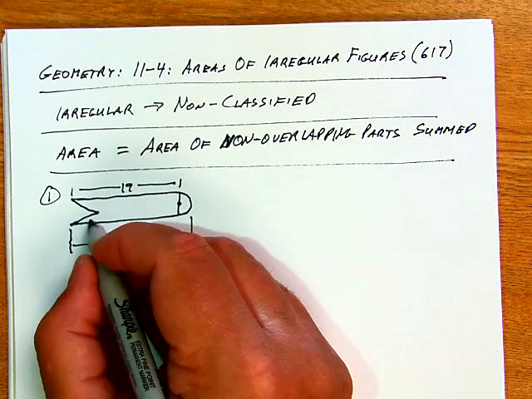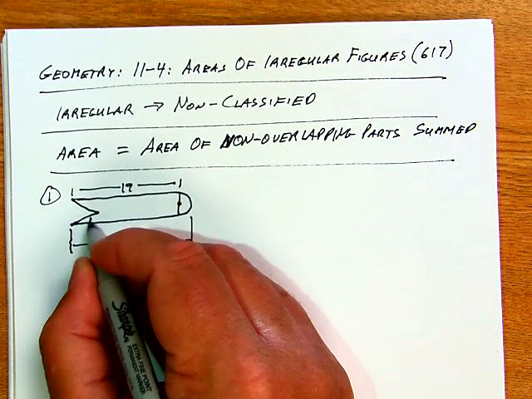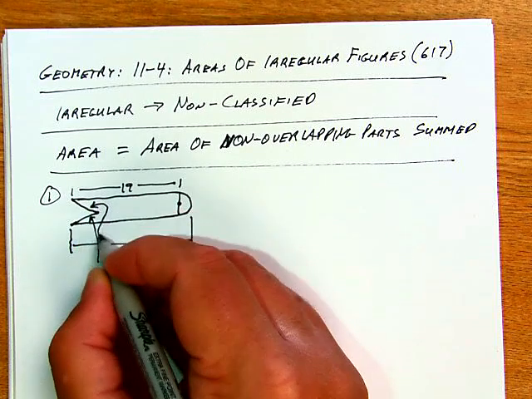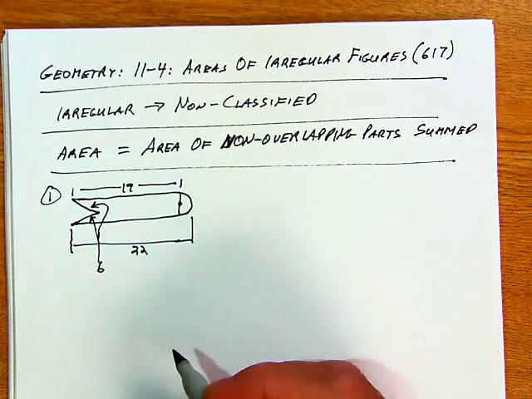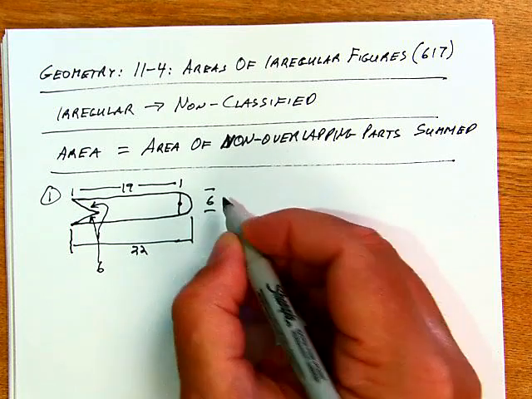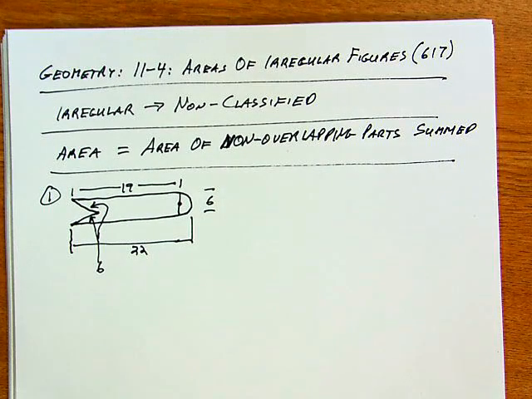We also know that each one of these little fin areas is 6, and we know that the overall height is 6. I think that's everything. Now we're to figure out the area of that guy.